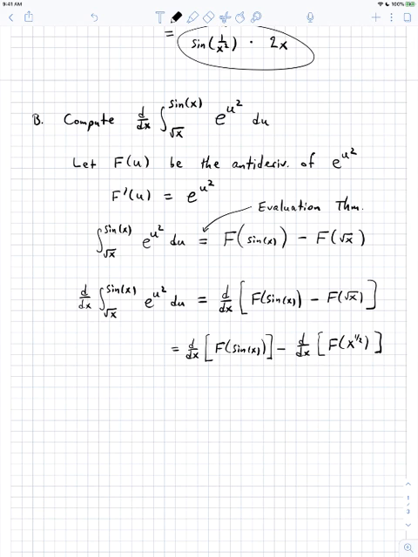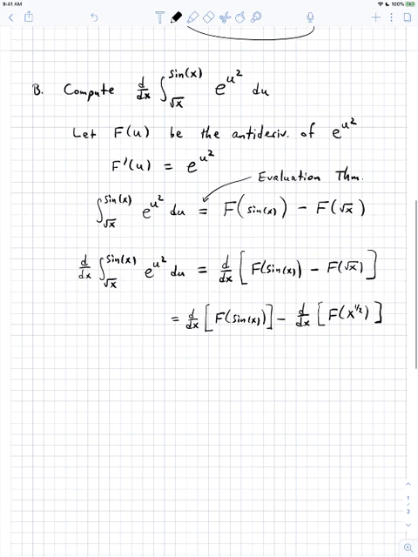It's the positive square root. Each one of these is a composition of functions. In both cases, the outside function is F. The inside function is sine of x in the first one, and the square root of x, or if you prefer, x to the 1/2 in the second one. But I can use the chain rule on both of these.